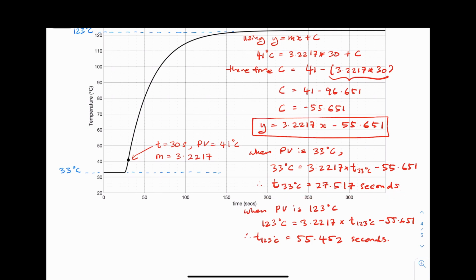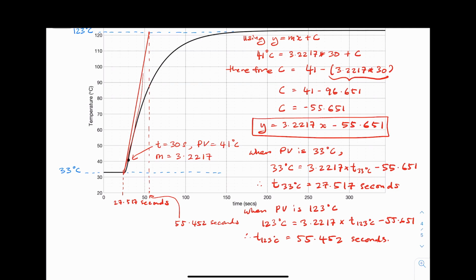So it is somewhere here. And when PV is at 123 degrees Celsius, which is the steady state output, the time is 55.452 seconds. So it's somewhere here. So the maximum tangent line is basically somewhere at this, okay? That is the maximum tangent line.